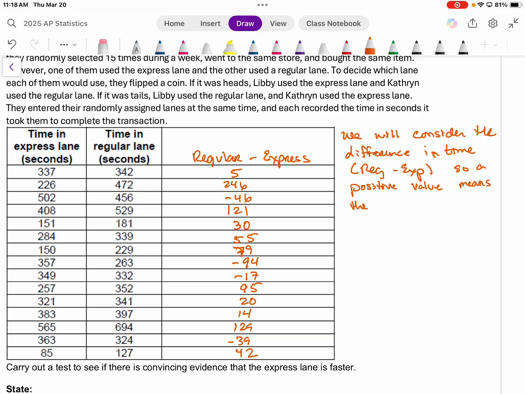If I have a positive value, if I'm doing 342 regular minus 337 express. I do have a note down here that a positive value means the express was faster, which is what you were saying, kind of.